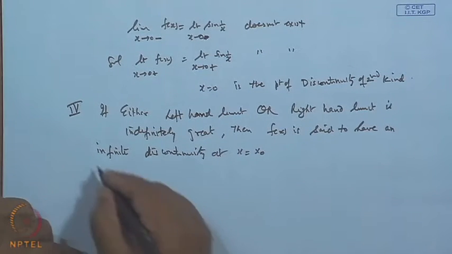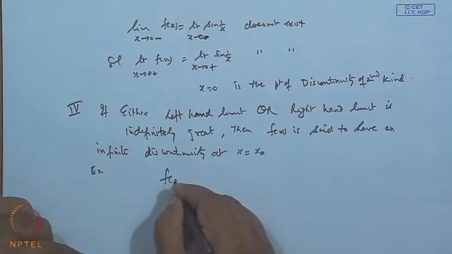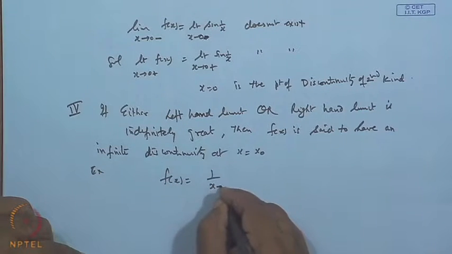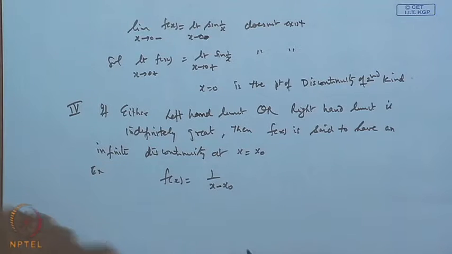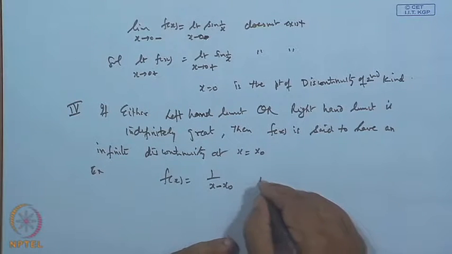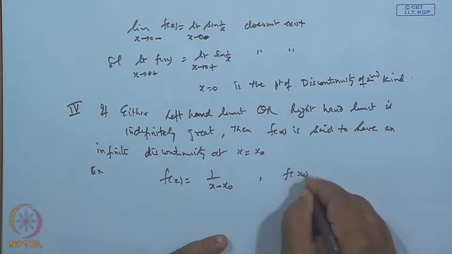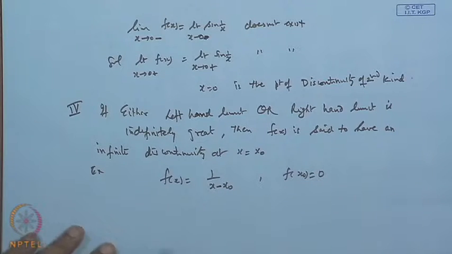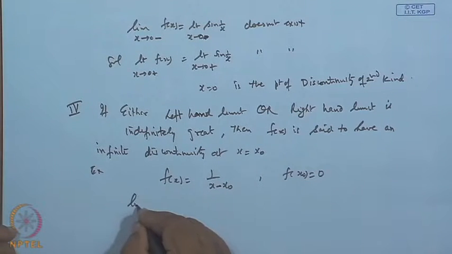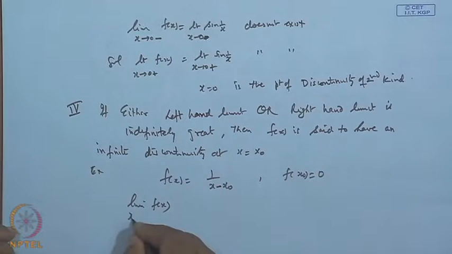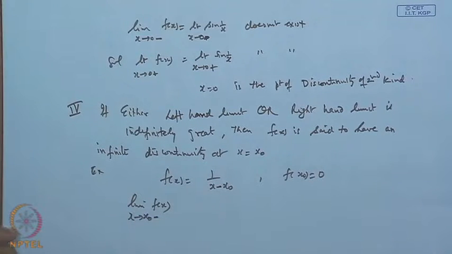For example, suppose I take the function f x, which is 1 over x minus x naught, and the value of this at the point x naught I am choosing to be 0. Now, what happens if you take the limit of this function f x when x approaches x naught from the negative side?